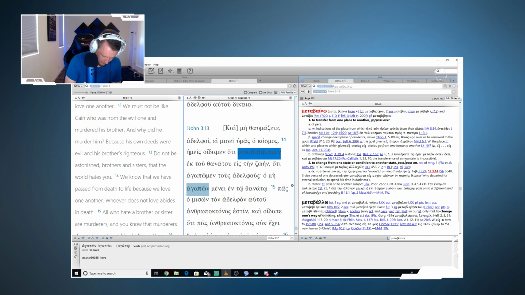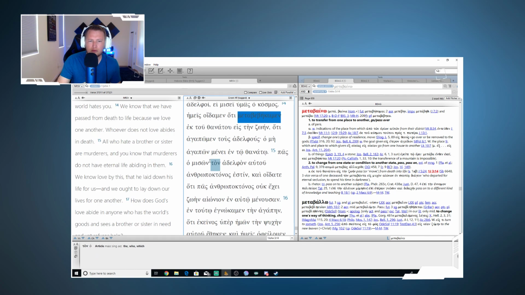Verse 15. Pas o mison, ton adelphon of two, anthropoktonos, estin, ke idate otipas anthropoktonos, uk echit zoin eonon enavto menusan.